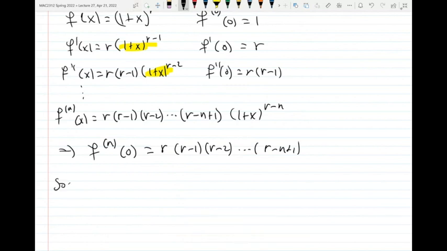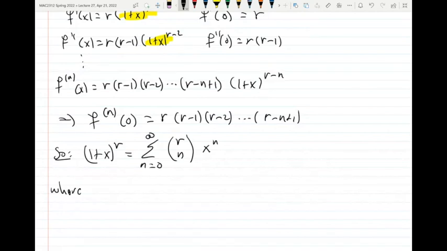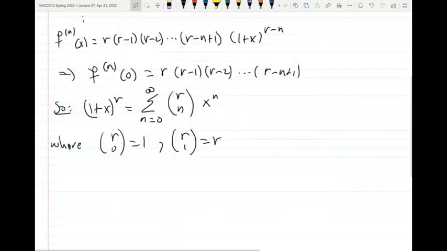Okay? So if you want (1 plus x) to the r, what is this? So this is going to be the sum from 0 to infinity of r choose n, x to the n, where we define this as follows. So at 0, this is 1. At 1, when n is equal to 1, this is equal to r.